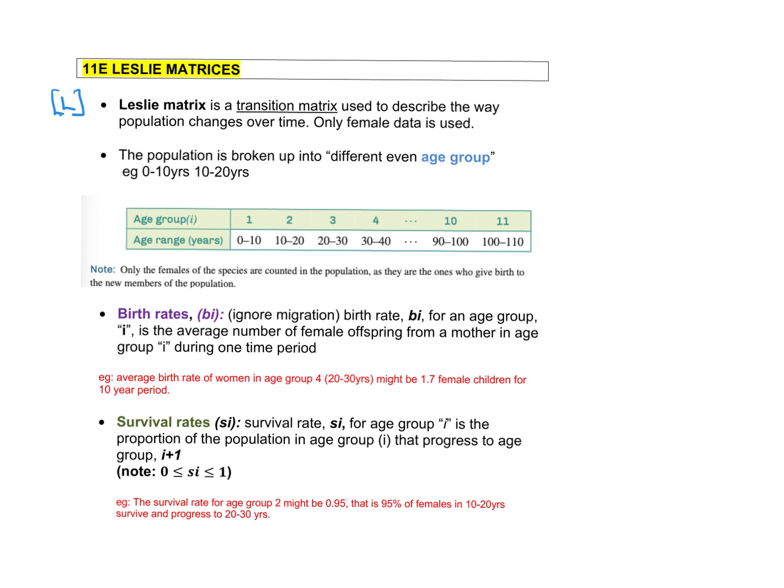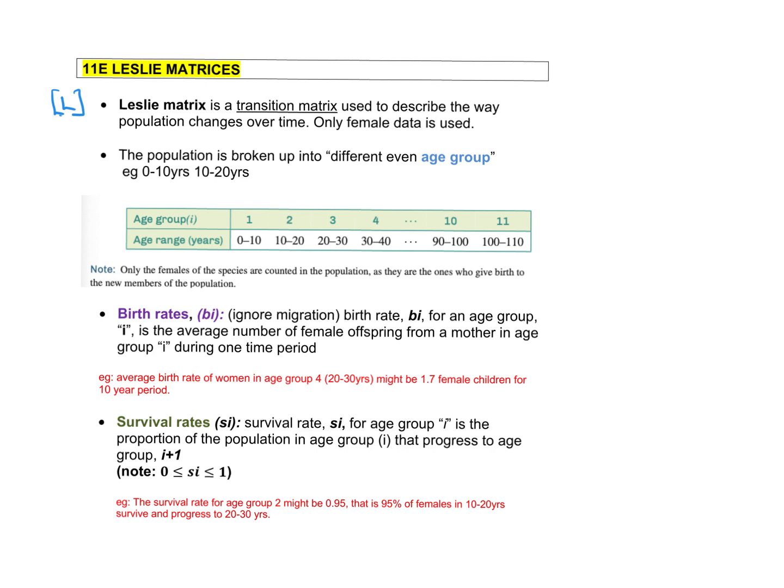What information you will have in this Leslie matrix is the birth rate for each age group. If you're talking about certain species, it won't be human; generally they're talking about animal species.